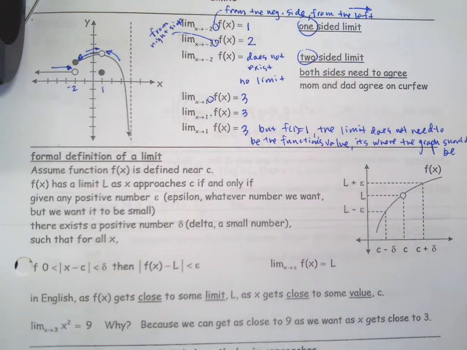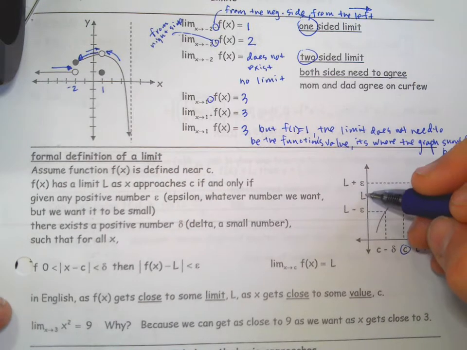Assume a function f of x is defined near c, an x value. And f of x has a limit L as x approaches c if and only if, given any positive number epsilon, a Greek letter, however small we want it to be, close to this L value.